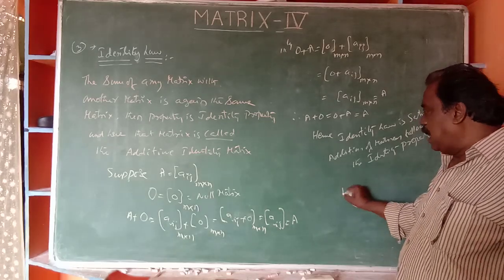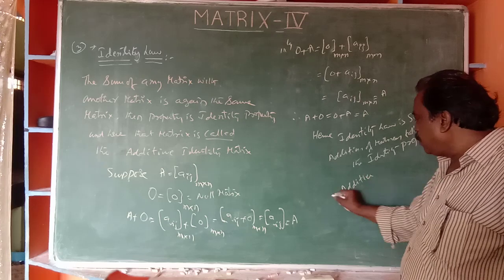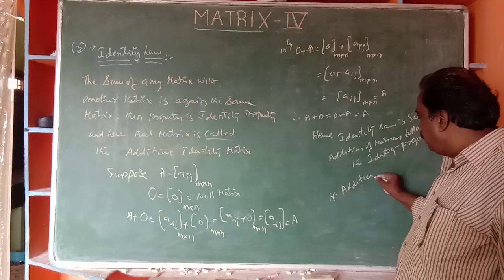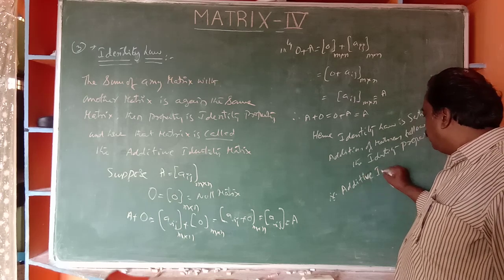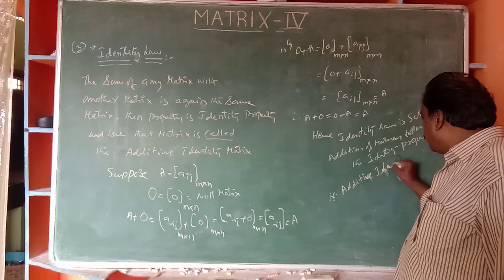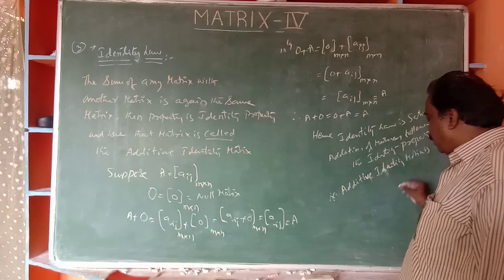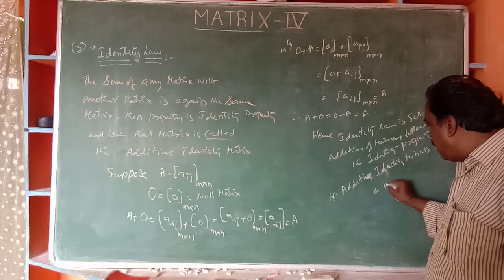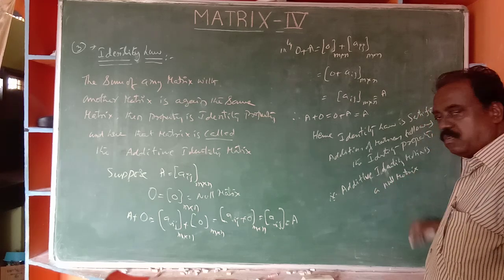What is additive identity? Additive is important here. The additive identity matrix is a null matrix. Okay now?